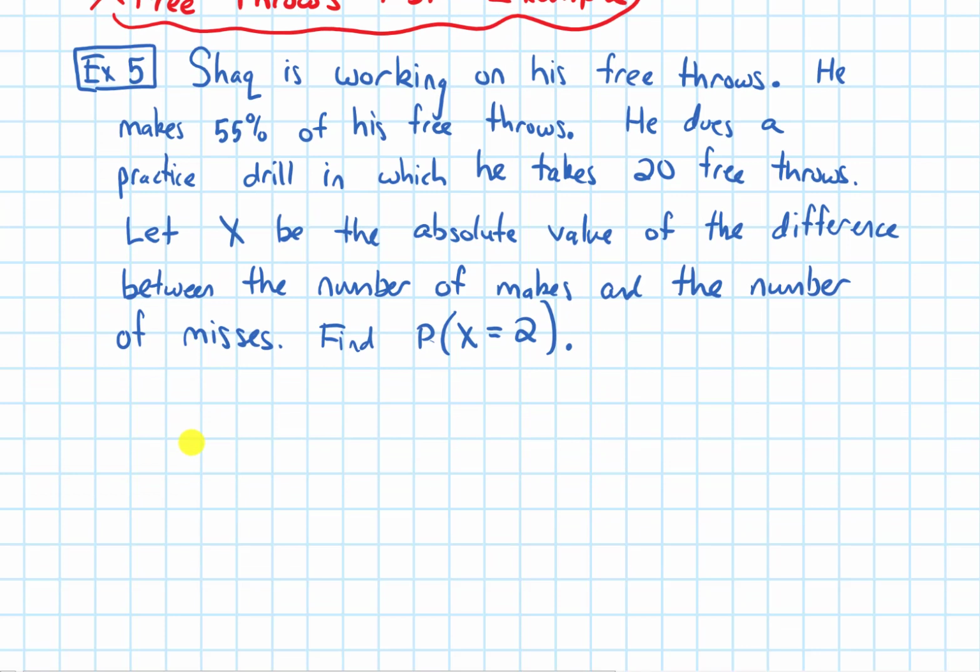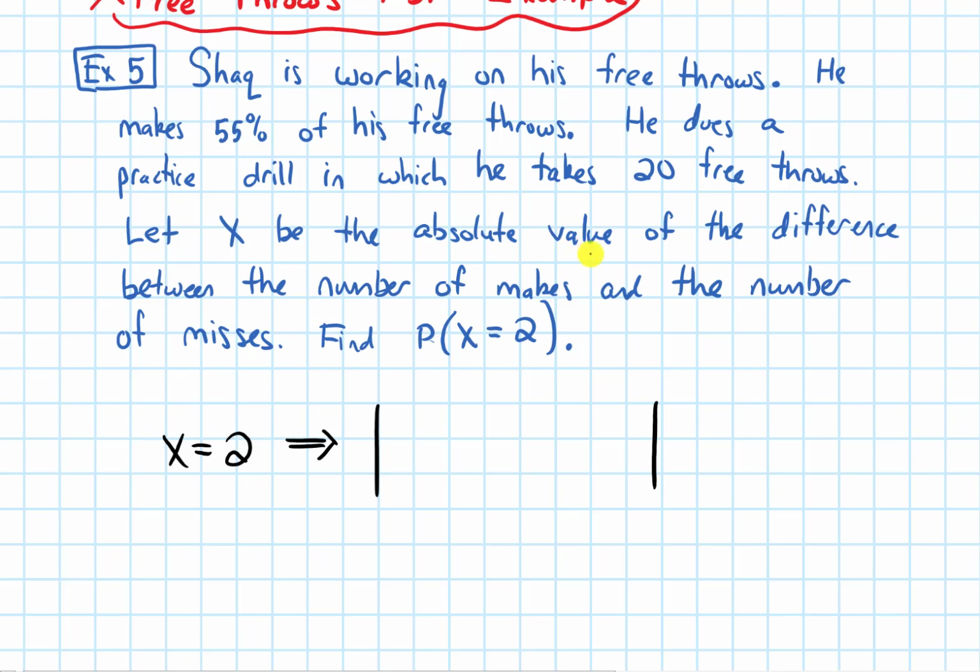Okay, so there were a lot of words in what X represents here, but part of what it says is we're after the probability that X equals 2. So let me put an implication arrow. Based off of what X is, it says X is the absolute value of something. So let's put a big absolute value. What goes in the absolute value?